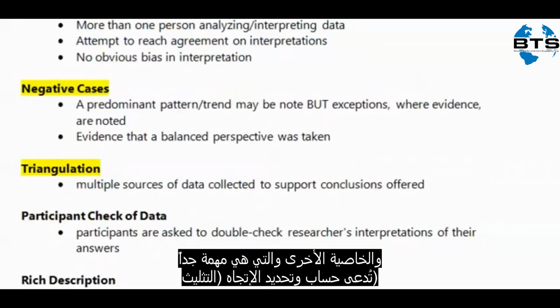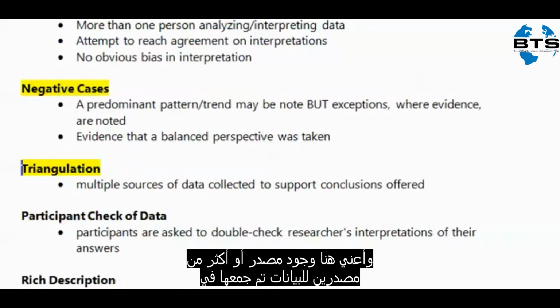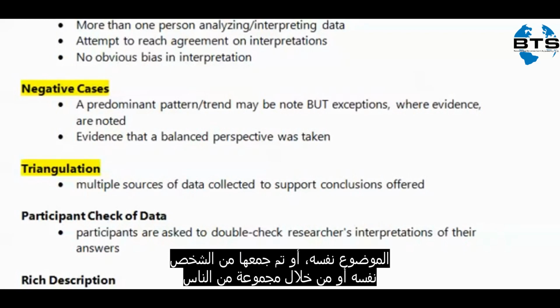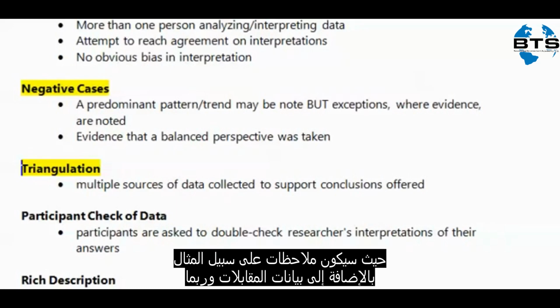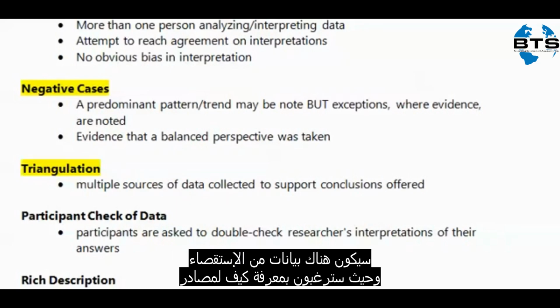Another feature that is important is called triangulation, and what that means is having two or more sources of data collected on the same topic, or collected from the same person or group of people. So you might have observations, for example, plus interview data. You might even have survey data.